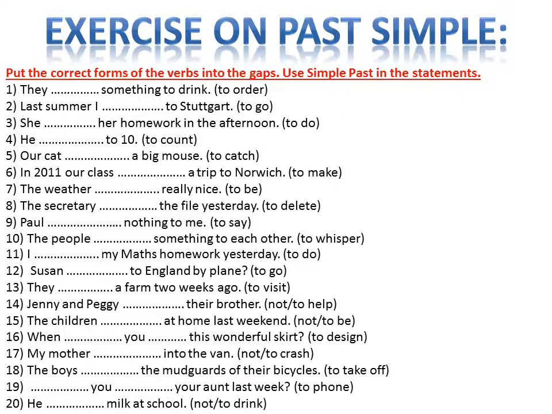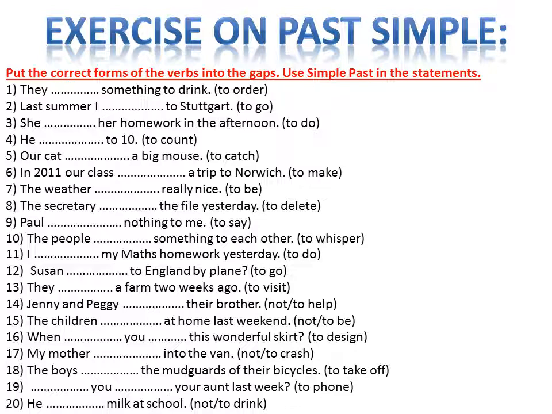The past simple tense. We use the past simple tense when we speak about finished or completed actions in the past. How to form the past simple tense? We use the second form of the verb.